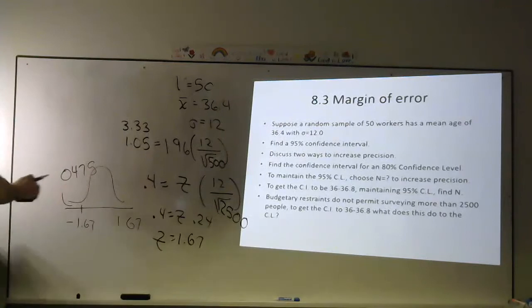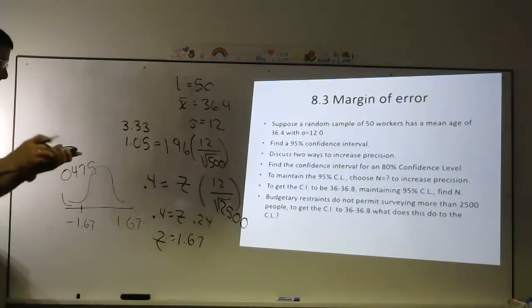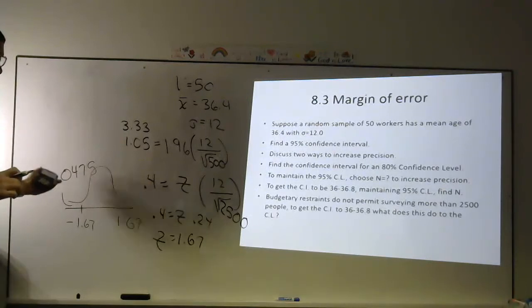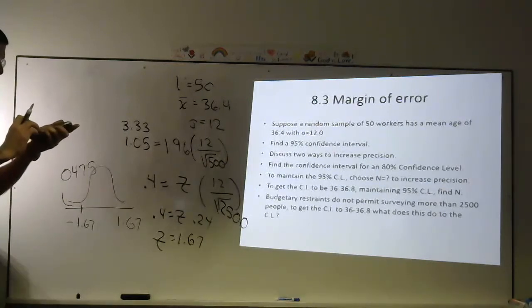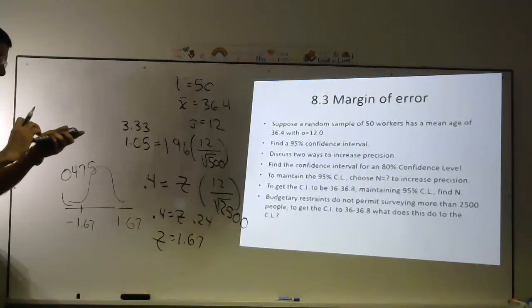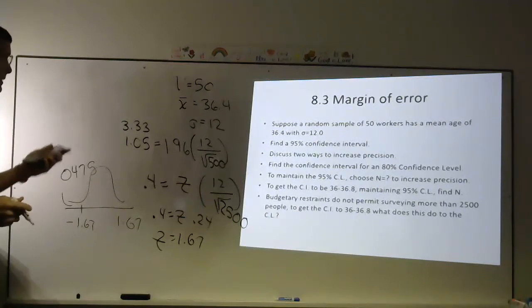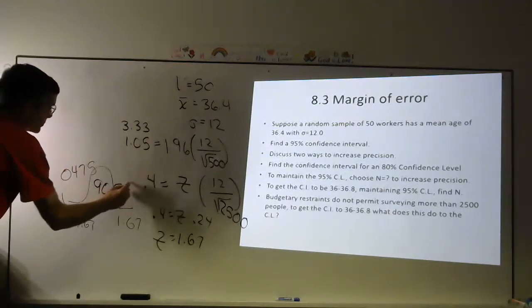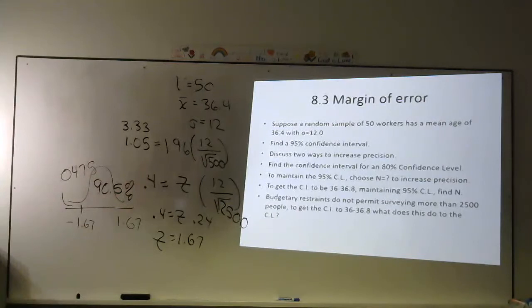So what is my confidence level? I double 0.0475, times 2, and take it off of 100%, or just the number 1, and I get 90.5% confidence, okay?